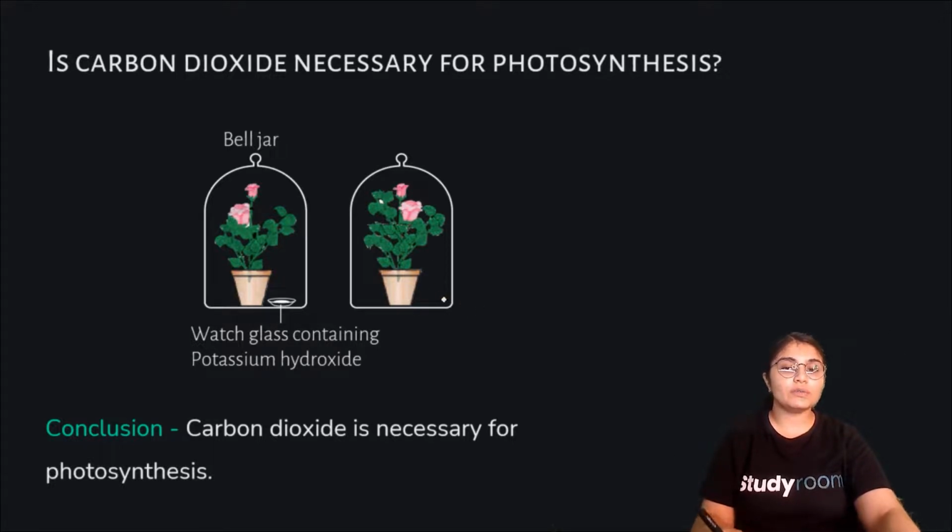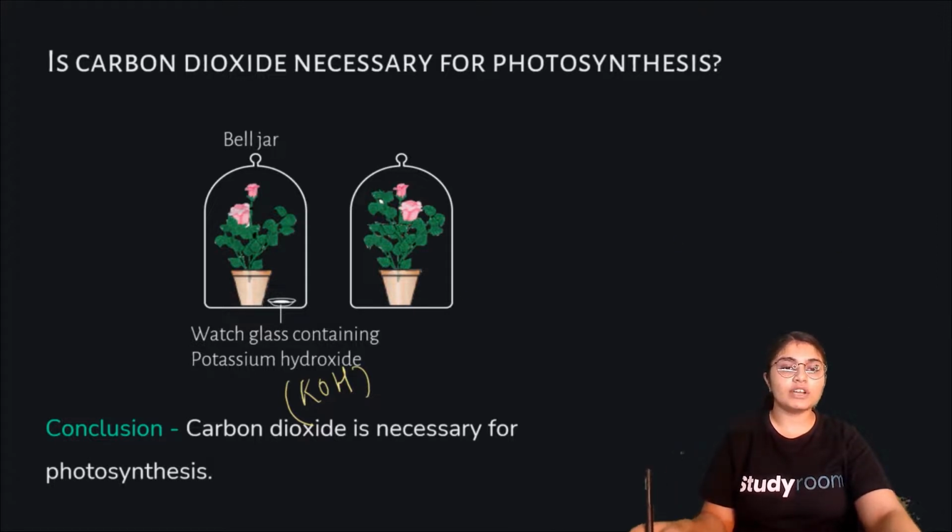What we'll observe is that for the plant which had potassium hydroxide, the formula of which is KOH, together with it in the bell jar, the leaves of that plant won't turn blue-black. The leaves of the plant which had no KOH in the bell jar show blue-black color.